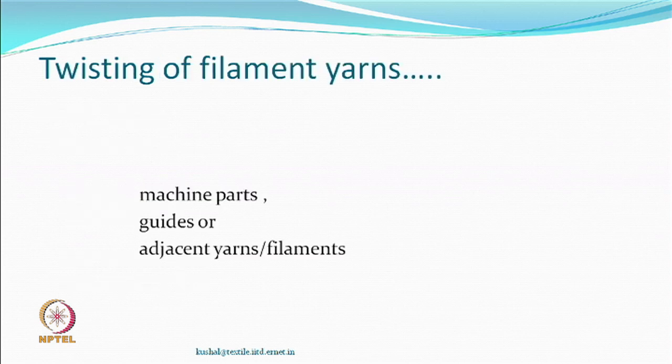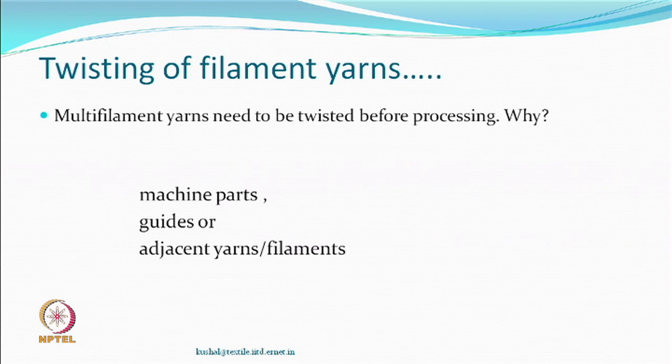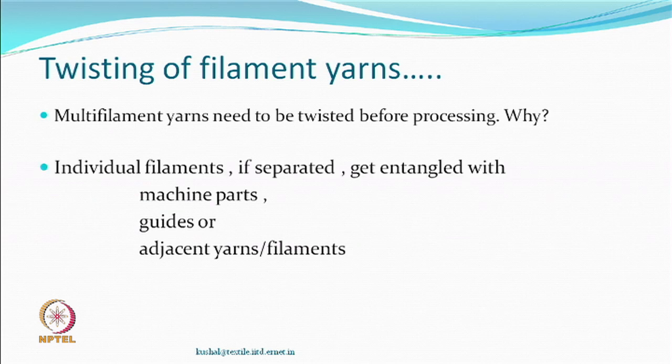In general, twisting of the filaments is done. A parallel bundle of filaments in general is not processed, because if individual filaments get separated, then they can get entangled with machine parts or guides or adjacent yarn or filaments, which obviously is not a good idea.